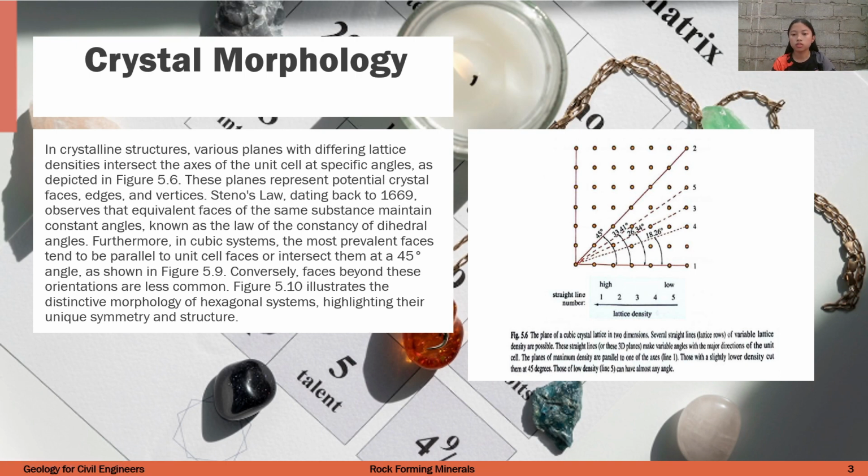So, like, line 1, it runs parallel to one of the axes. It means na maraming atoms sa direction na iyon. Just like lines 3 and 4, they meet the axis at a 45-degree angle. It means marami ding atoms sa direction na iyon. Sa line 5 naman, it makes a smaller angle with the axis.